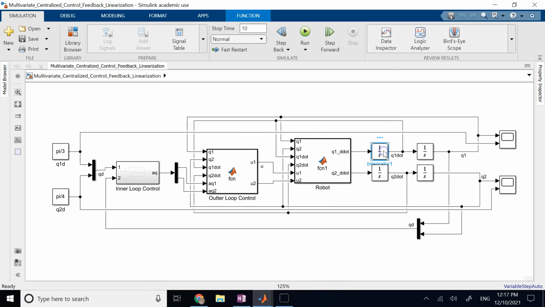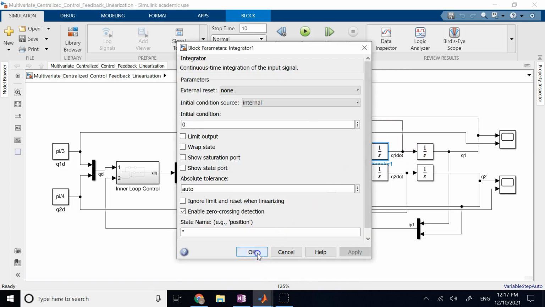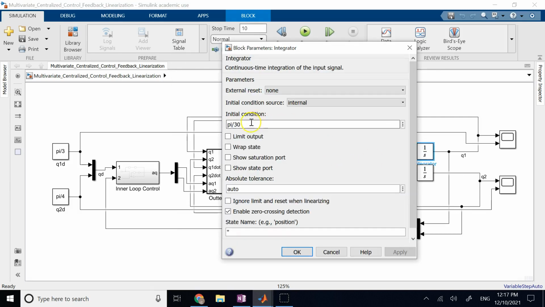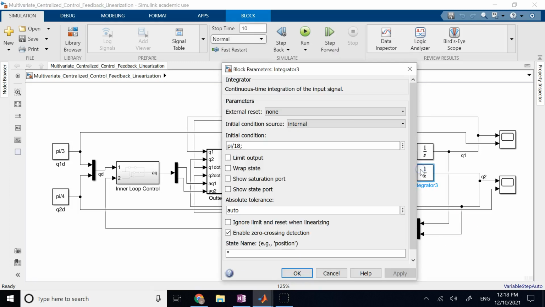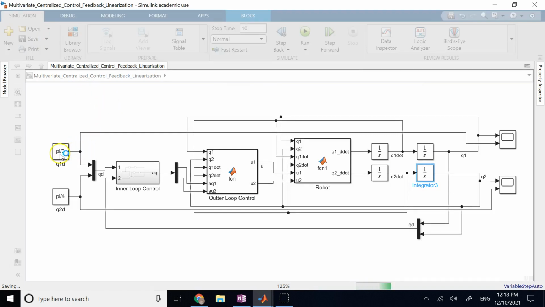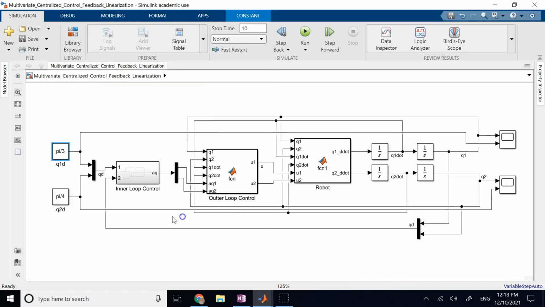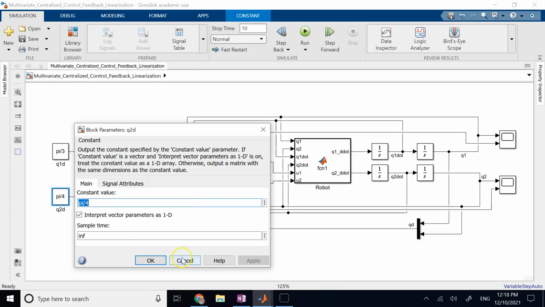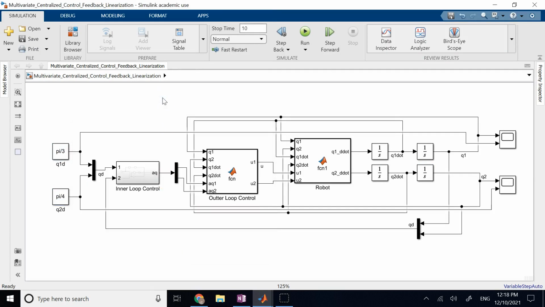And then you double integrate the Q double dot with the initial conditions of Q1 dot and Q2 dot, which here I use 0, and Q1 0 and Q2 0. I assume that you start with 6 degrees for link 1 and 10 degrees for link 2. And my goal here is to go to 60 degrees for link 1 and 45 degrees for link 2. So I'm still doing set point tracking, but that's the goal here.